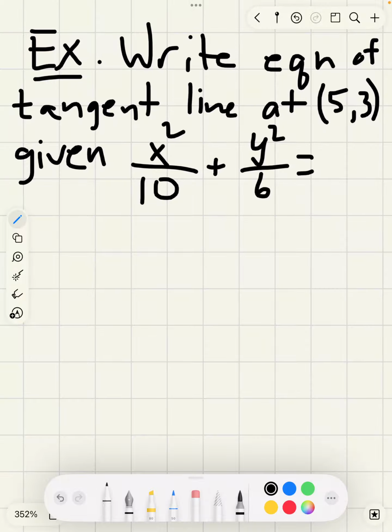Okay, so that's the equation of an ellipse. And we want to write the equation of a tangent line, so a line that's tangent to the ellipse at the point that's given.